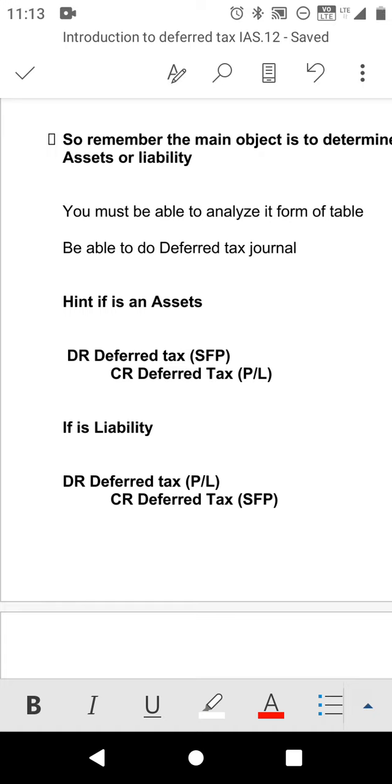You must show that, alright, if it's an asset, of course you have to debit SFP to show that an asset has done what? Has increased. Then if it's a liability, you know that liability increases on the credit side, which means that your SFP must be on the credit, then the rest is P&L. Simple as that. But remember, you have to do this journal after you have been able to identify whether an item is an asset or a liability. That's what we are going to do now.